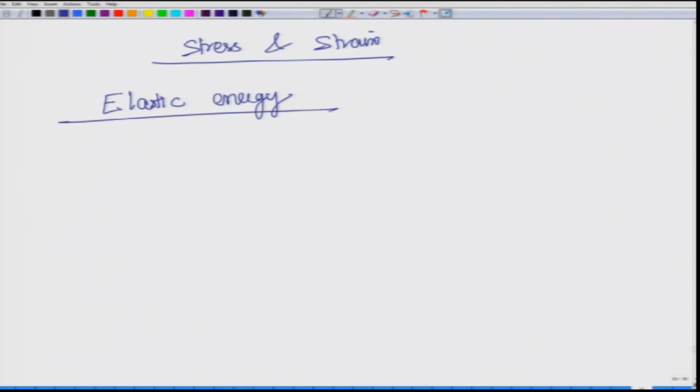The relation for elastic energy is very simple. If you look at it, dEL can be written as 1 by 2 integral sigma ij epsilon ij dV, so sigma ij is the stress component, epsilon ij is the strain component.